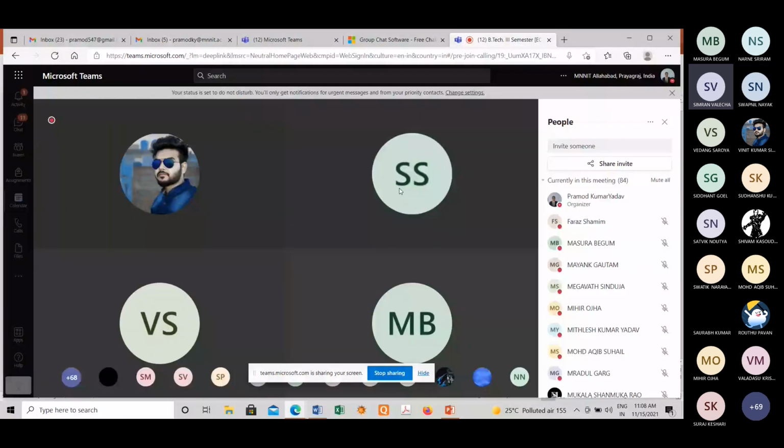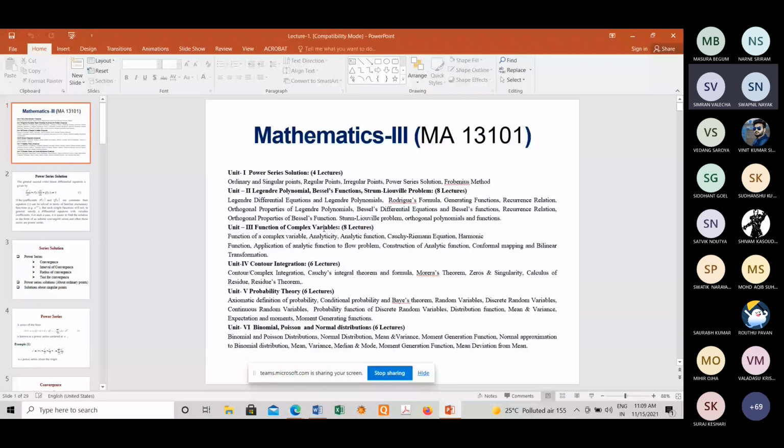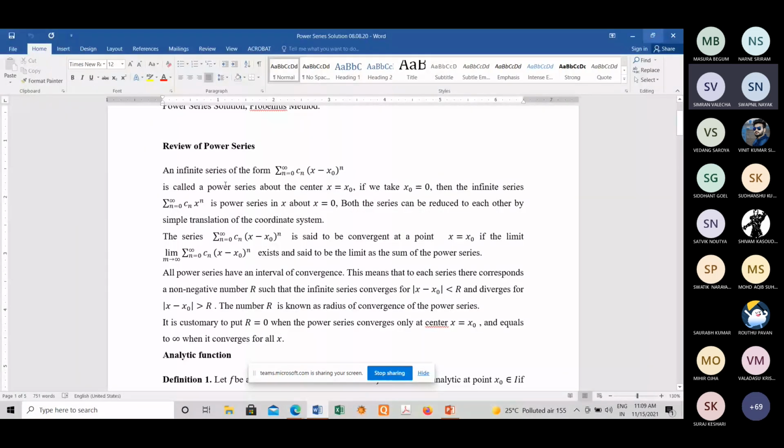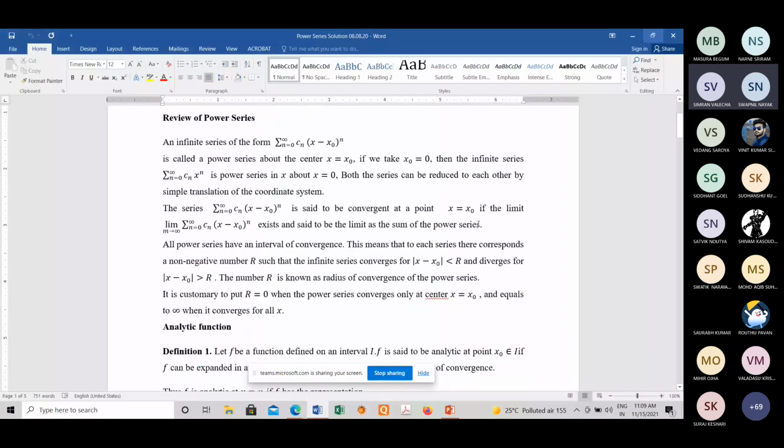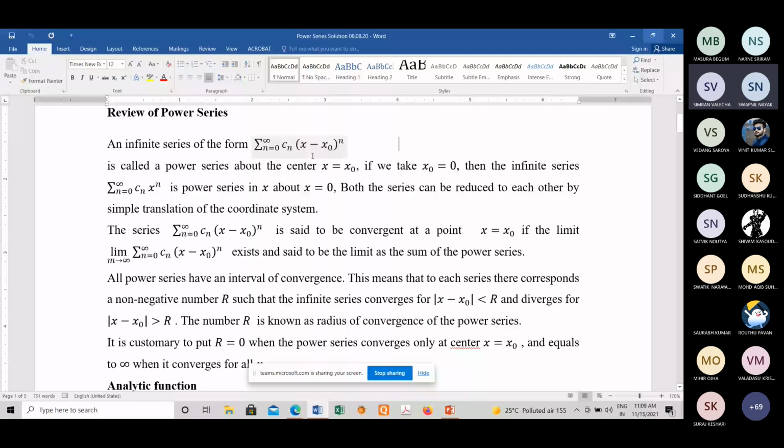So in order to find the series solution of a differential equation, we need to discuss some basic points. I have already discussed this point: an infinite series summation Cn (x minus x naught) to the power n, n varying from 0 to infinity, is called a power series about the center x equal to x naught.